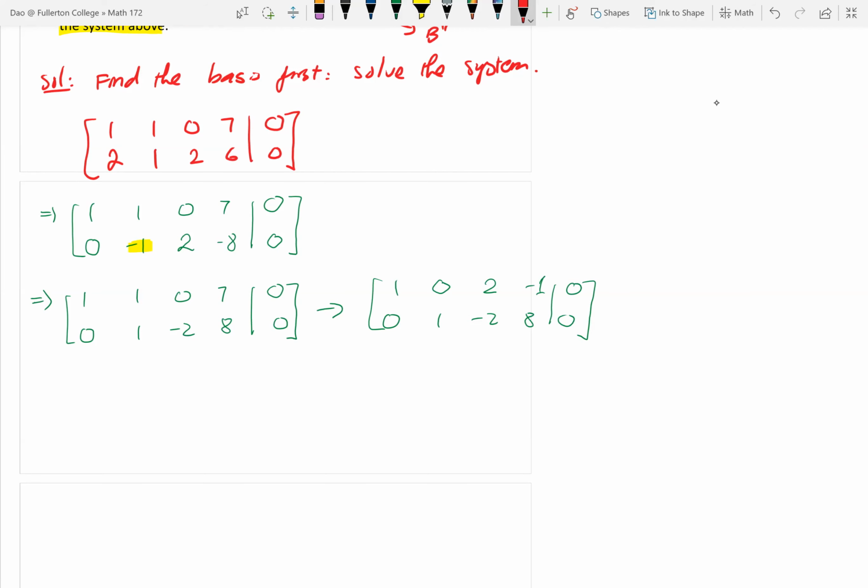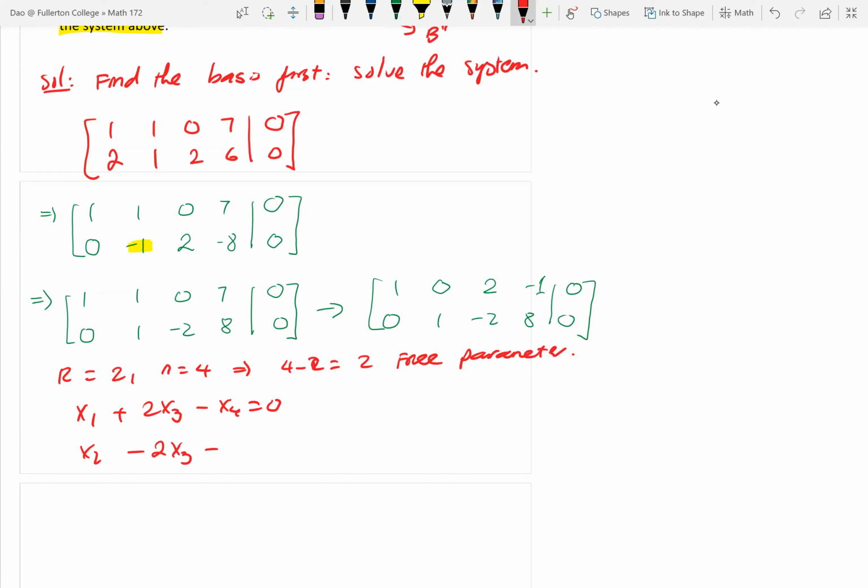You can see the rank is equal to 2, and n equal to 4. So we have 4 minus 2 give us 2 free parameters. So if you write that, you get x1 plus 2x3 minus x4 equal to 0, and then x2 minus 2x3 plus a x4 equal to 0.